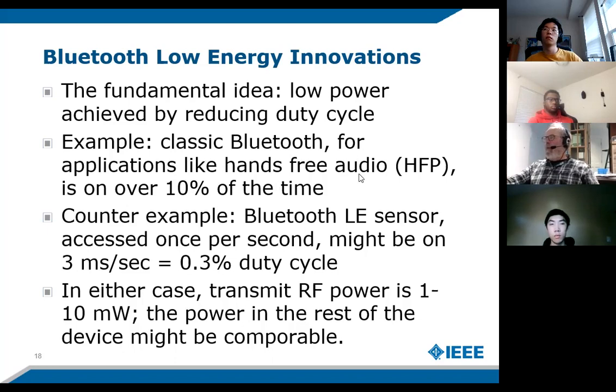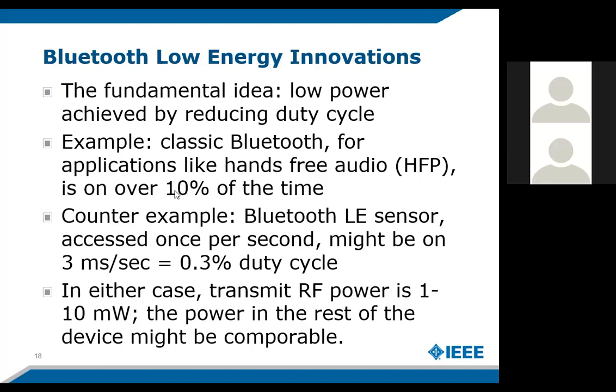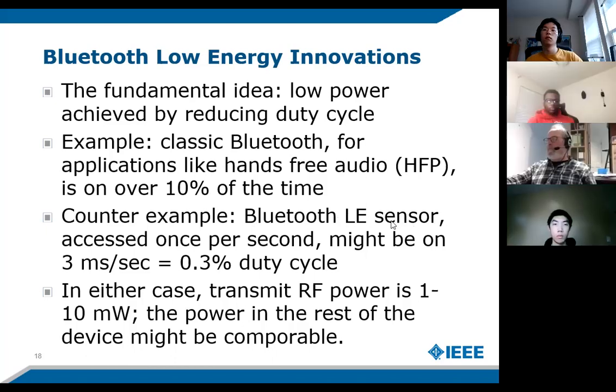And if you run at higher data rates, maybe you can cut 30% down to 10%, but you're still kind of busy. Now, the counterexample, let's suppose we have a Bluetooth low energy sensor. And all it's going to do is broadcast some information once per second.